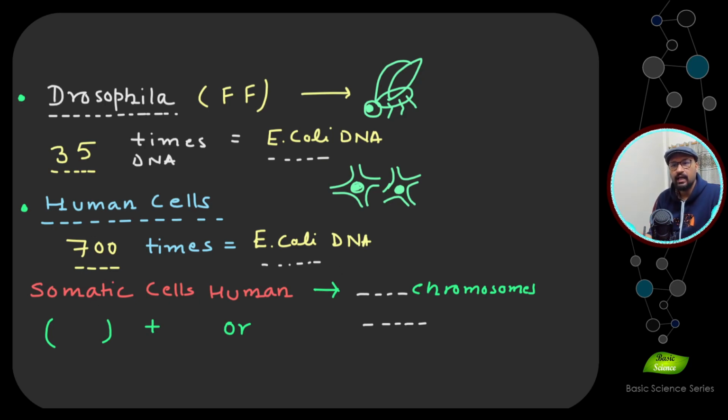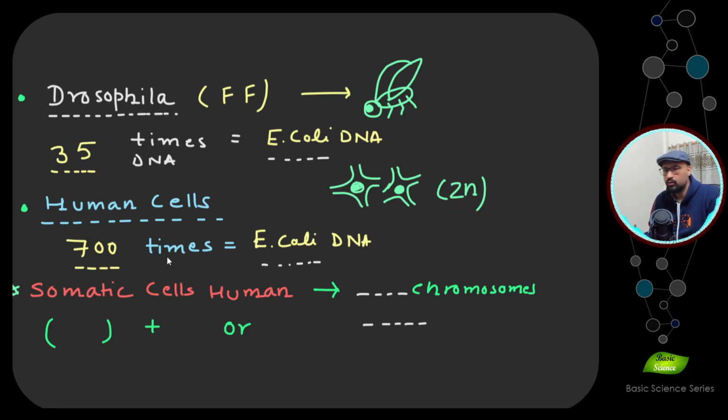Now, when we talk about the DNA, it's very important to understand, specifically when you talk about higher organisms. So in case of humans, when we talk about somatic cells, the number is diploid. So how many chromosomes are there in haploid? Haploid cells are the gametes, so probably half of the somatic cells.